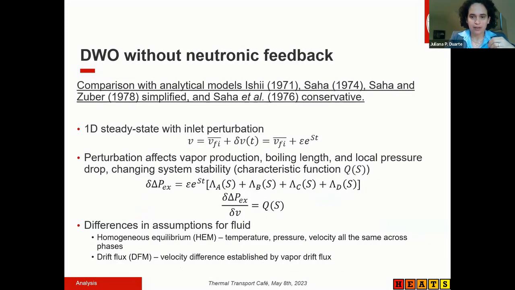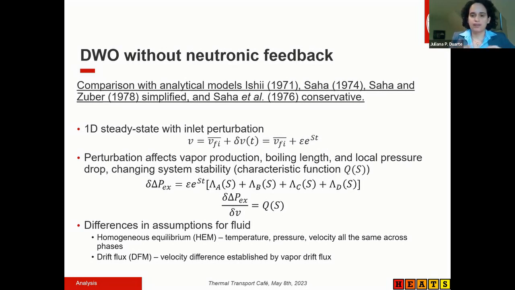With that in mind, we first compared this onset of the instabilities to some old analytical models before we did the TRACE simulations, because we also simulate this data with TRACE so we can understand the ability of TRACE to actually predict these oscillations and instabilities.